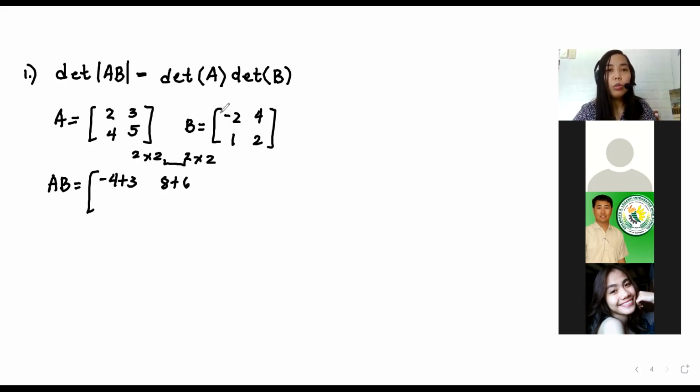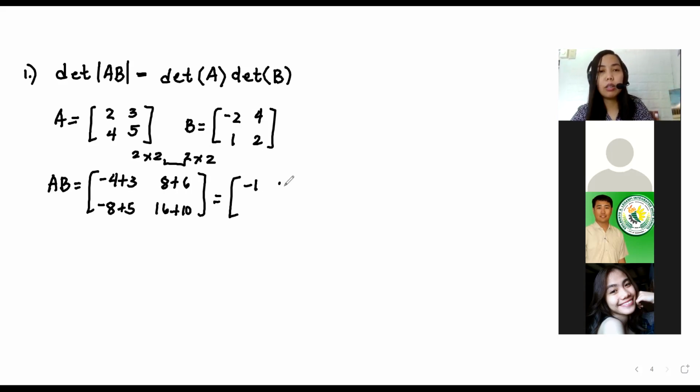Next, row 2, column 1. -4 times -2, -8. 5 times 1, 5. Next, row 2, column 2. 4 times 4, it's 16. 5 times 2, it's 10. Then simplify. So we'll have -4 plus 3, it's -1. 8 plus 6, it's 14. -8 plus 5, it's -3. 16 plus 10, it's 26.